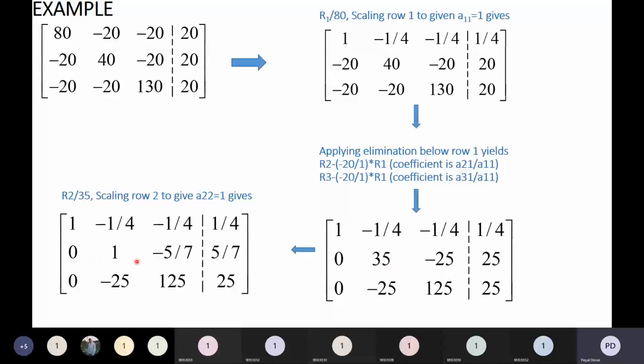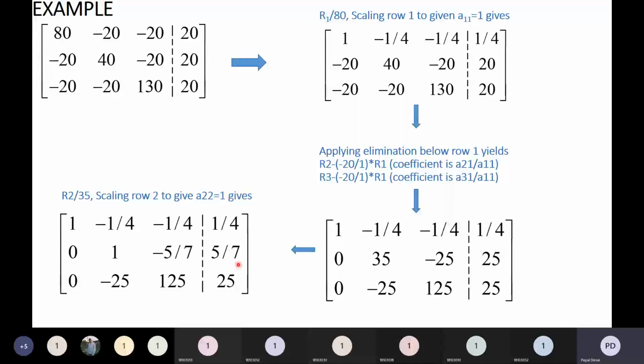Dividing row 2 gives you a22 as 1. Please understand, the entire row including the coefficients and the augmented B vector has to be divided by 35. So you get 1 here, and the changed coefficients are minus 5 by 7 and 5 by 7.